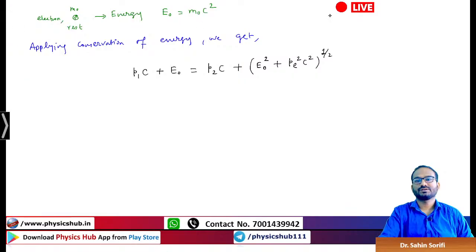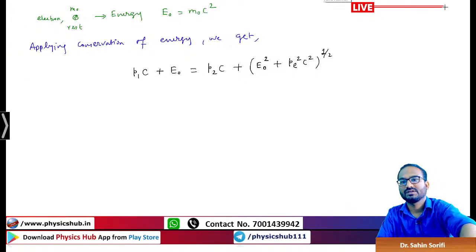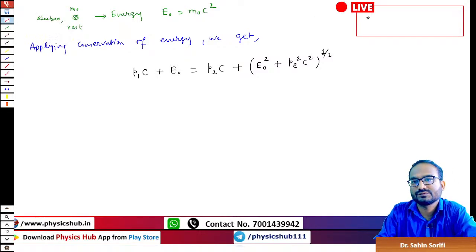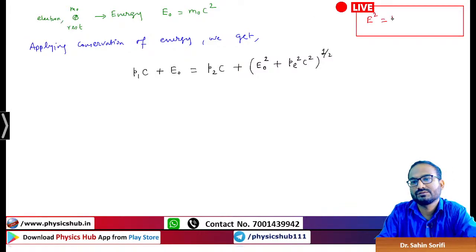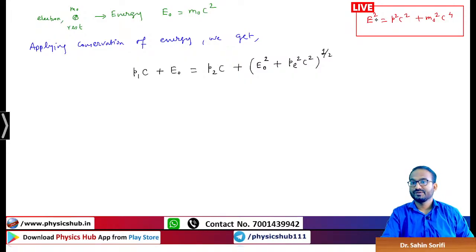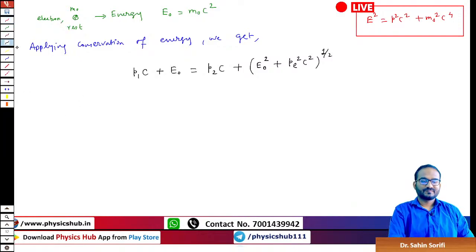The original formula, which I think you know, is E square equals p square c square plus m0 square c to the power 4. This is the relativistic expression of energy. So E is the square root of p square c square plus mc square whole square, and mc square is the rest mass energy E naught, which is why we have written E naught square. I hope this is clear.